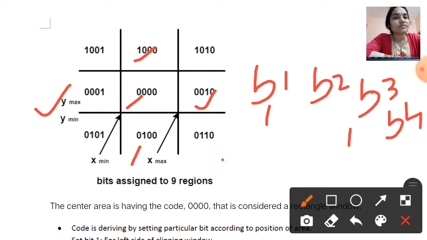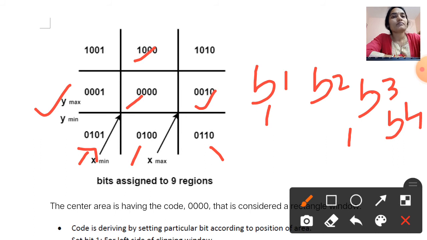So in this bit set, the second and third positions are 1, and the rest 2 are 0. Let us consider this one. Here the second position and fourth position are 1.